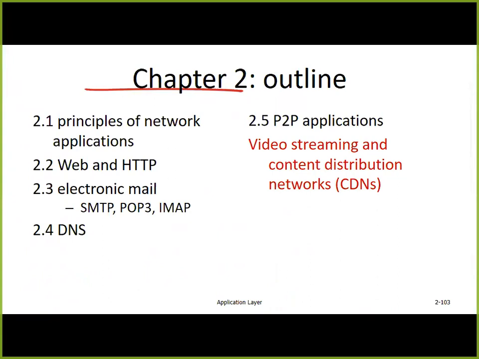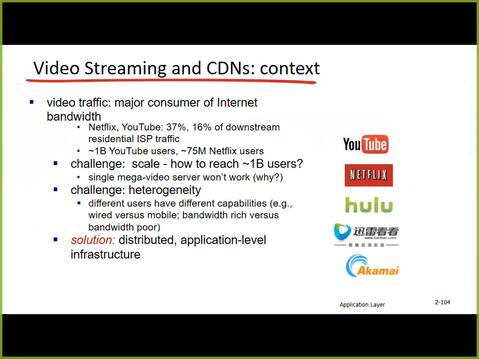Okay, so now I want to talk a little bit about video streaming and content distribution networks. Video has turned out to be the major consumer of internet bandwidth. In the United States, I think it was 2015, we estimated that Netflix and YouTube were consuming 37% and 16% of downstream residential ISP traffic.